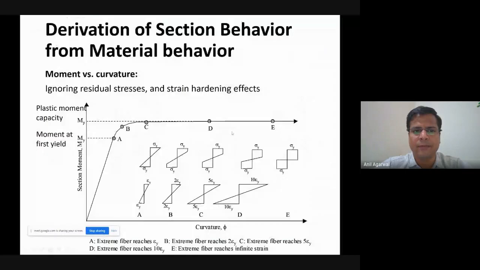So we had discussed this interesting M-phi curve, which is the moment curvature curve.